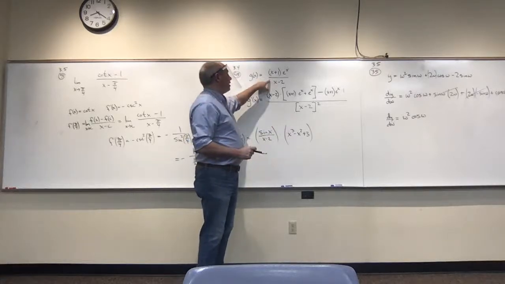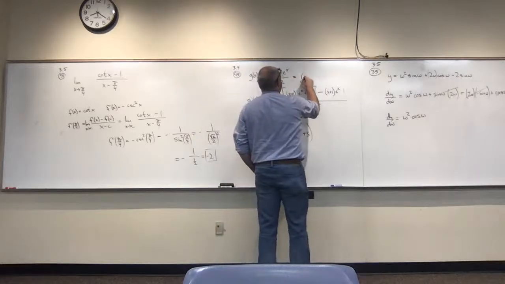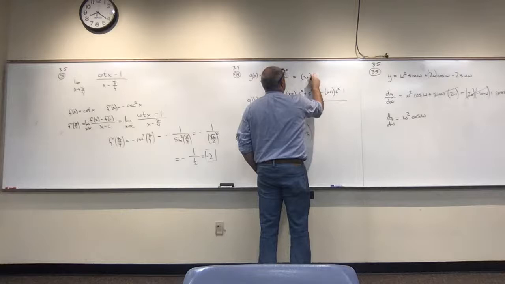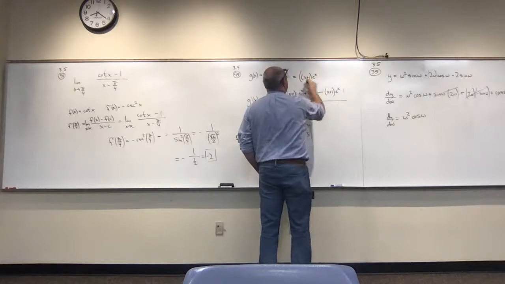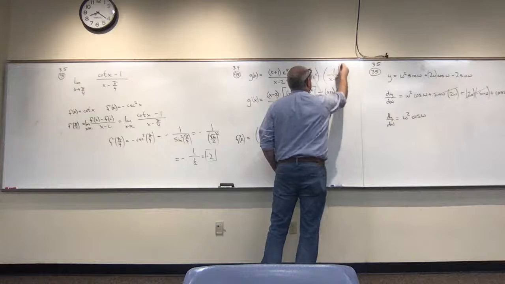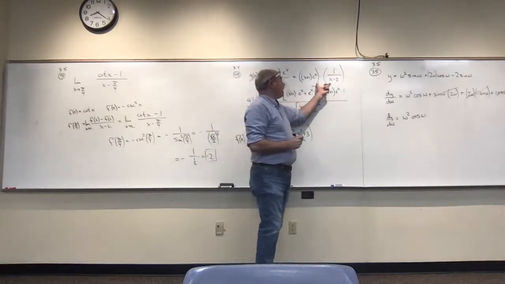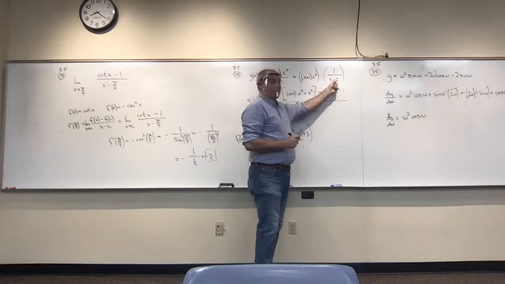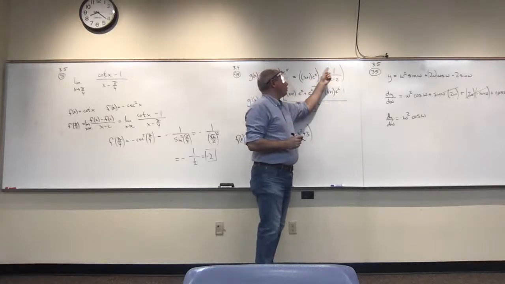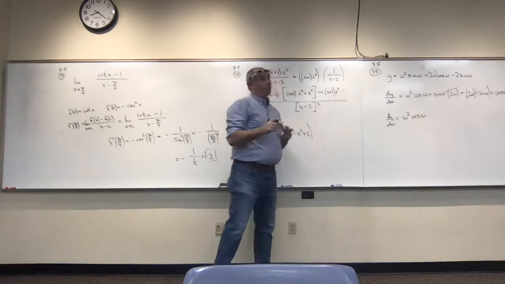And here, I suppose that I could write this as x plus 1 times e to the x times 1 over x minus 2. So if you wanted to write it this way, now this is a product where you'll have to do a quotient rule on 1 over x minus 2. So that would work also.